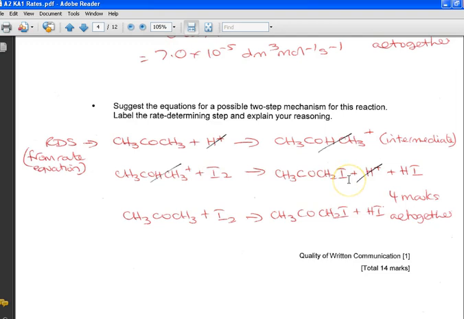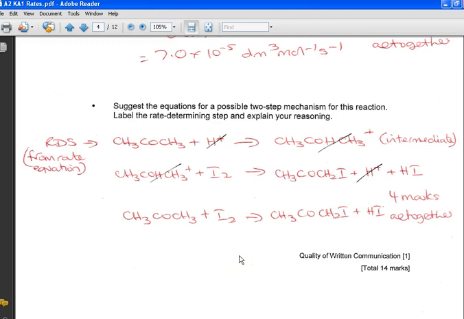Okay, so then we can make our product, iodopropane, and we also need HI. But we need to have an H plus here to cancel this original one in our rate determining step. So we need an H plus in there, and we have an HI, and then everything balances nicely. Okay, and that would be 14 marks.